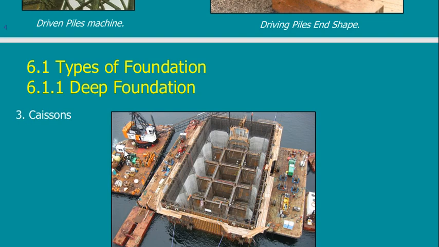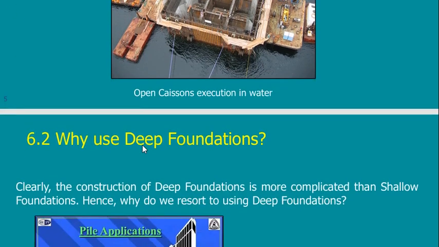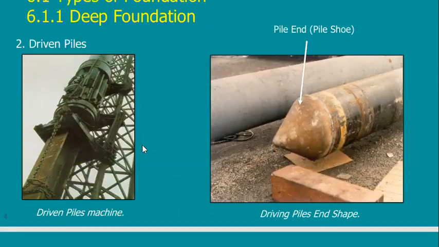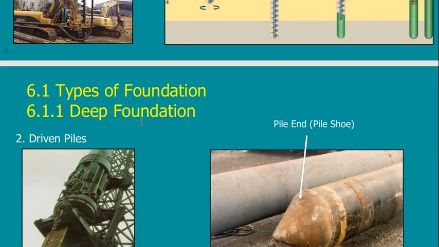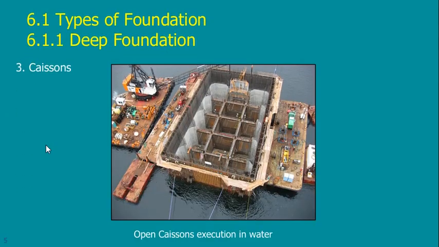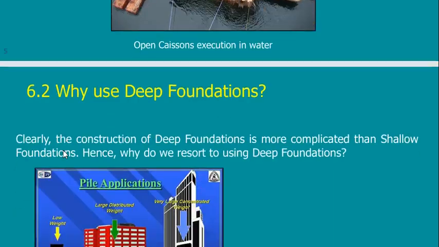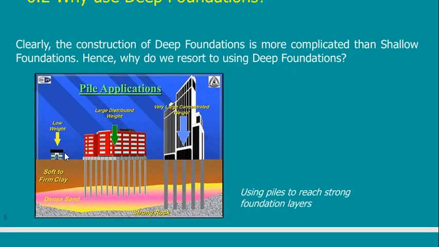It may be circular, it may be square, it may be subdivided into chambers like this case that we have. So these are mainly the types of deep foundations, and as I said, deep foundation is mainly, in Egypt, piles, and piles are either driven or bored. We also have caissons, that is a type of big piles that we can use.